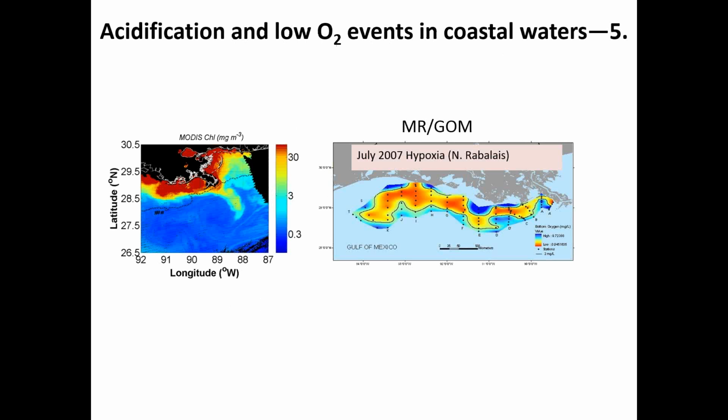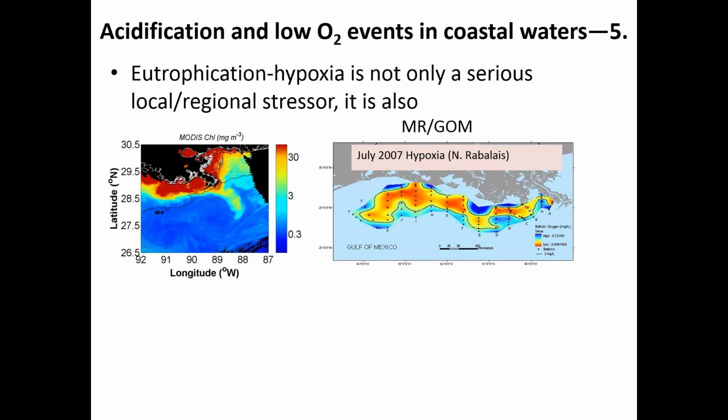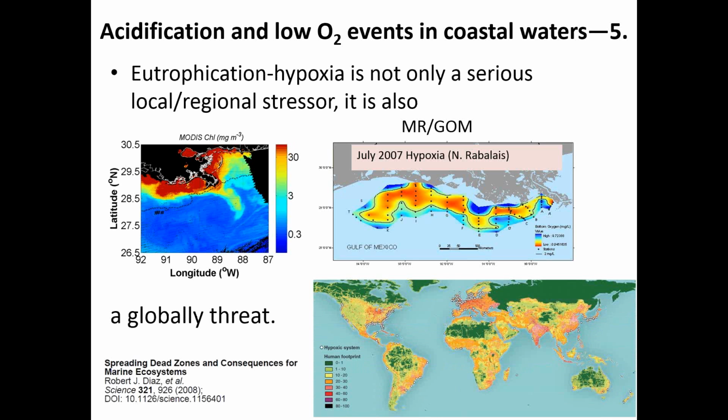So I'm going to just quickly show this Gulf of Mexico situation. Here you see it became famous because of this very high nutrient input into the coastal ocean, from this satellite image here, and this hypoxia zone associated with eutrophication. And that, of course, is not the only example.